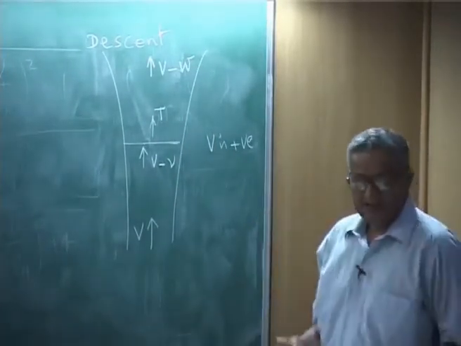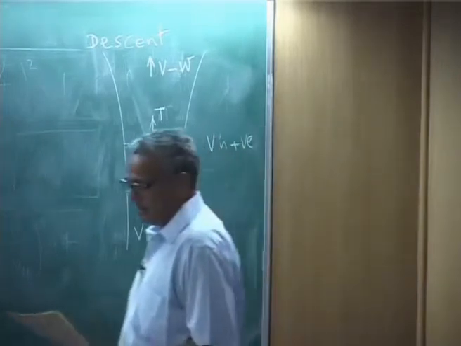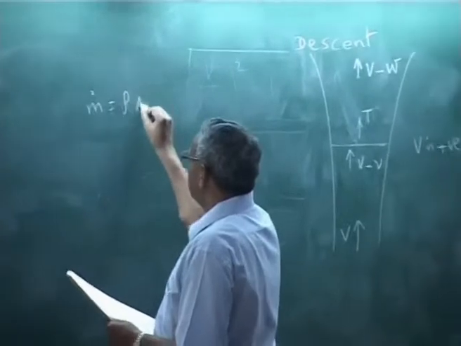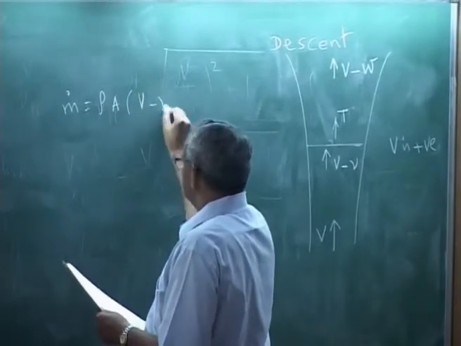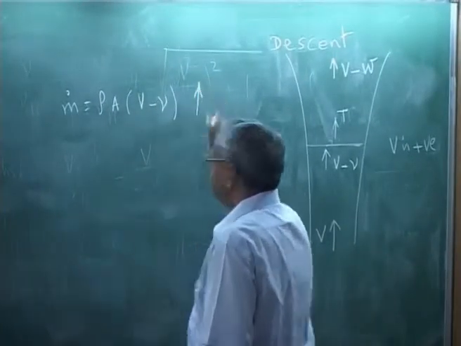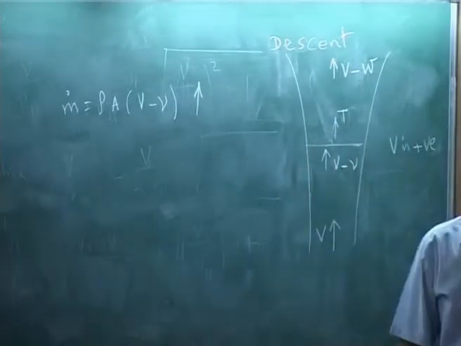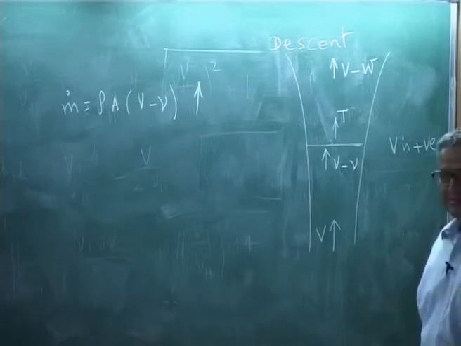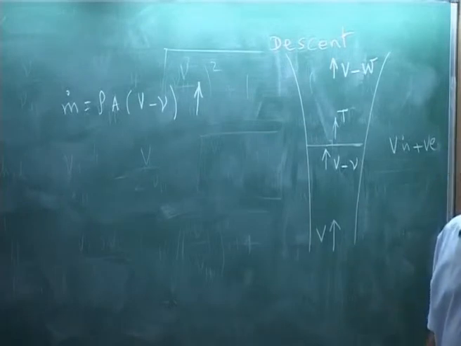Now, my mass flow rate m dot is rho A V minus nu, but this is up. Please understand, mass flow rate is in the upward direction. But what is my thrust?